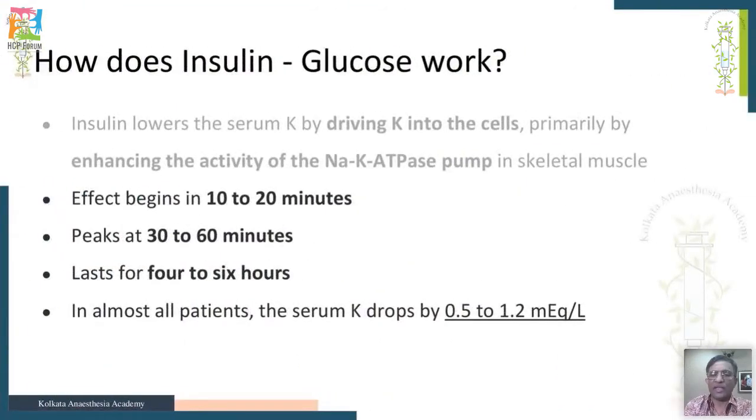The effect begins within 10 to 20 minutes. It peaks around 30 to 60 minutes. And that's why repeated monitoring of potassium and glucose is essential. And it lasts a little longer, for 4 to 6 hours. The potassium can drop by the regime that I told you, 10 units bolus, 25 grams glucose, by around 0.5 to 1.2 milliequivalents per liter.